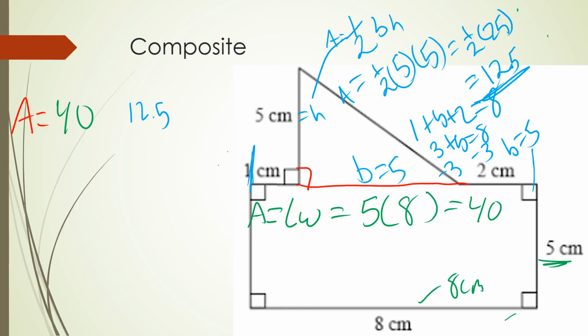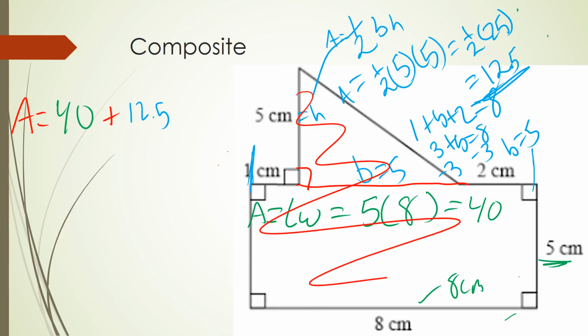Now, as I said, we're dealing with a composite, so we're not dealing with the two individuals. We're dealing with the one whole. We broke it down into two individuals so that we could solve for each one, which gives us a part of that whole. So now we have to add those parts together to get the whole. So the total area is that triangle plus the rectangle.